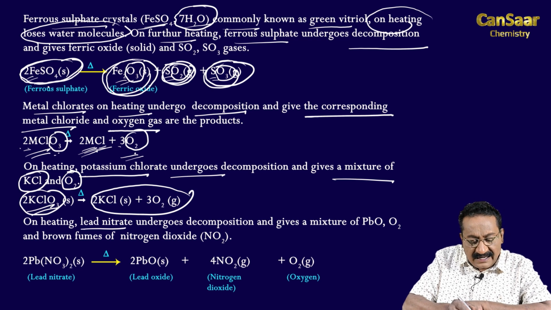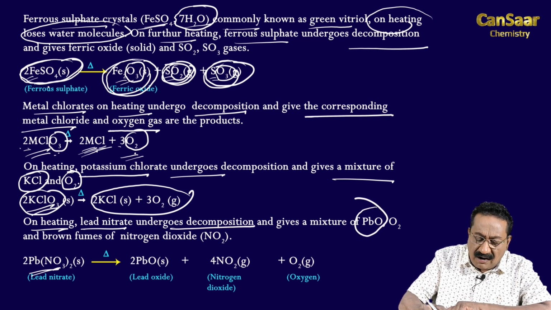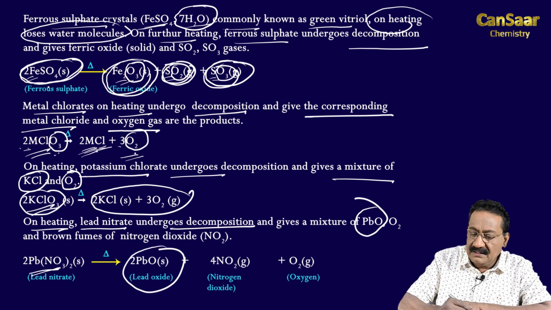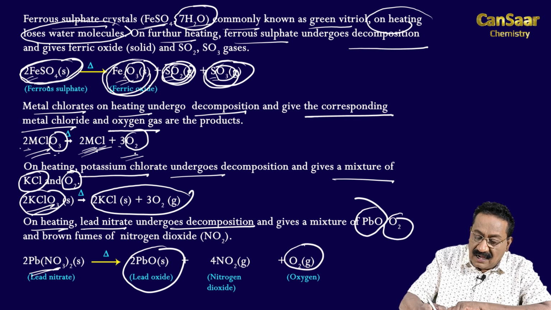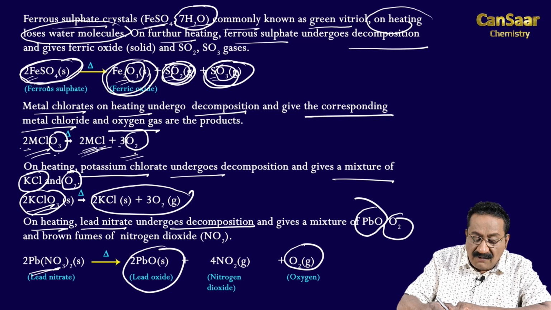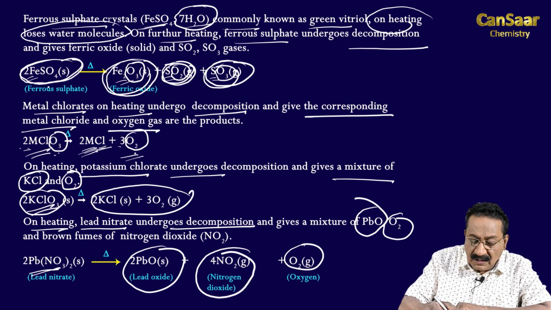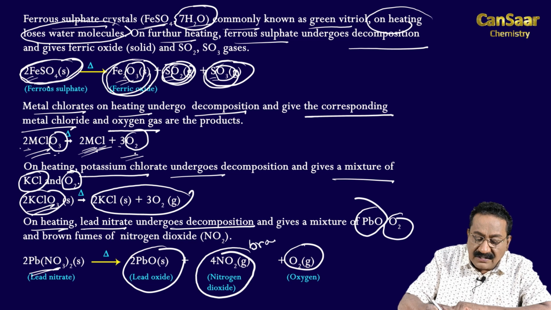Likewise, lead nitrate, Pb(NO3)2, on heating undergoes decomposition and gives a mixture of lead monoxide, oxygen gas, and brown fumes of nitrogen dioxide gas is liberated. So, NO2 has brown coloration.